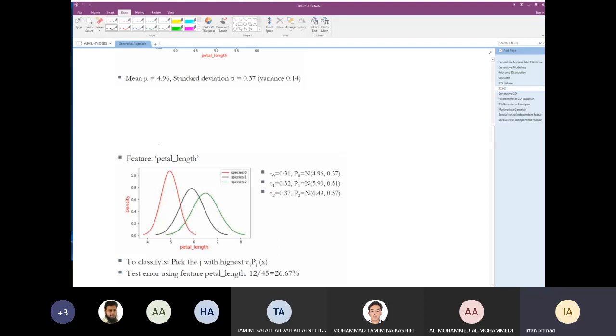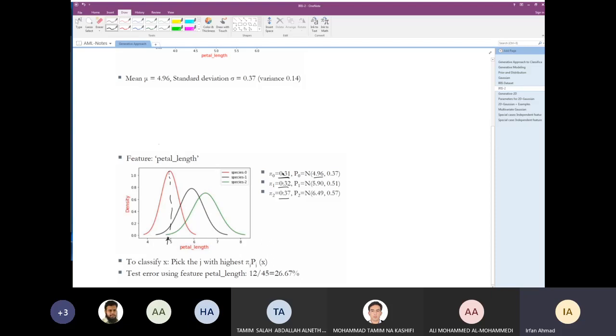I'm sorry, this was the prior, right? So 0.031, 0.32, and 0.37. These were the priors for the 3 species, and the probability distribution is a Gaussian. For species 0, the mean is 4.96. So what we are speaking about is the mean is somewhere here.